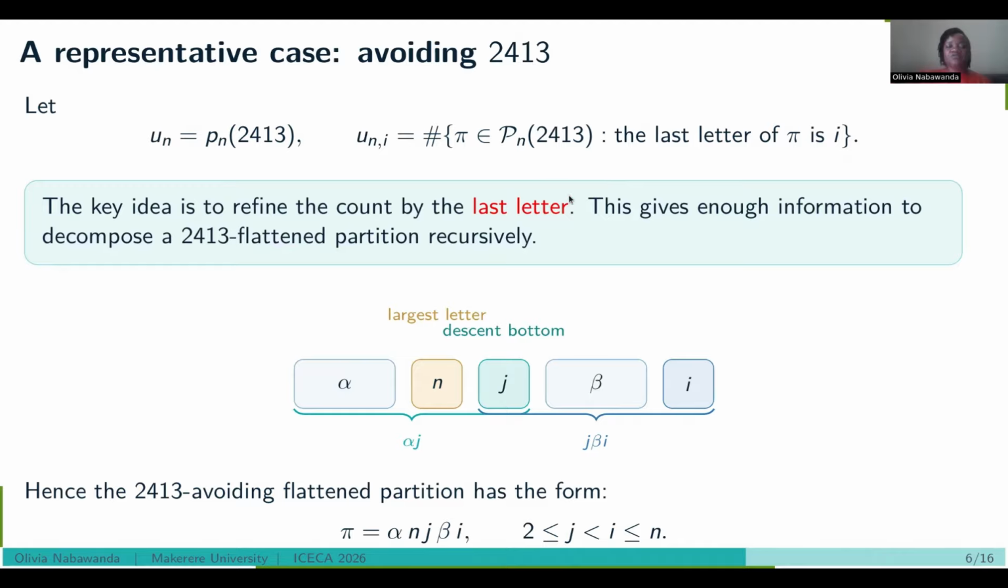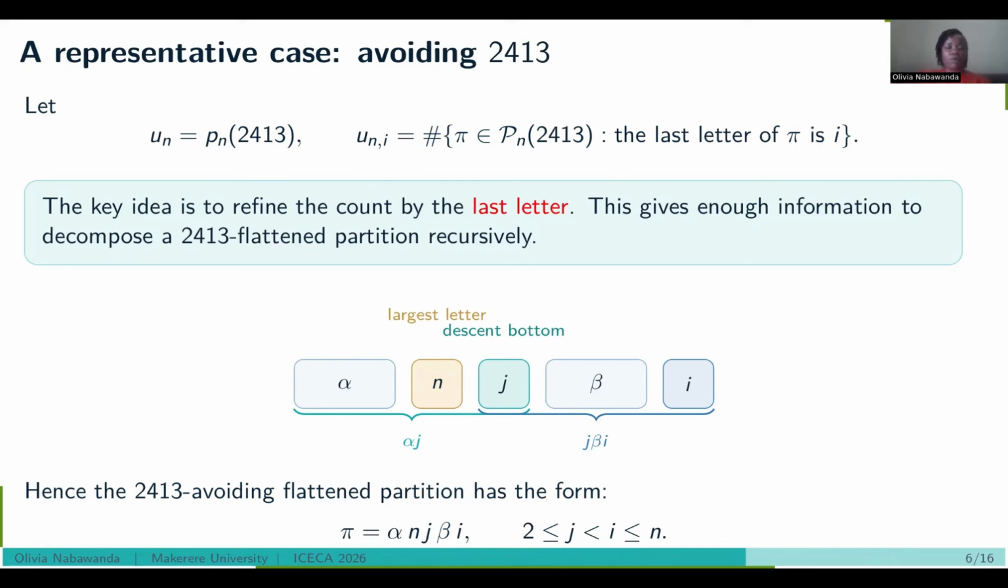The key idea is to refine this count by the last letter as our statistic, and this gives enough information to decompose a 2413 avoiding flattened partition recursively.